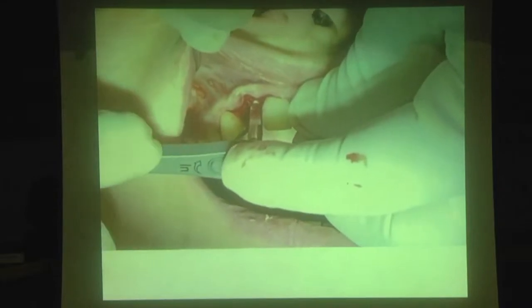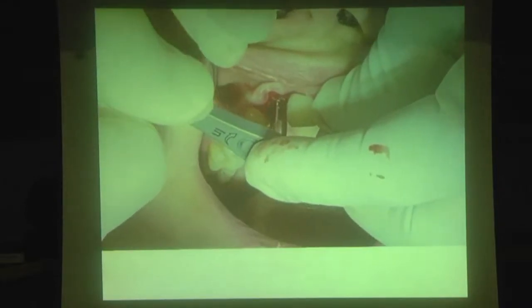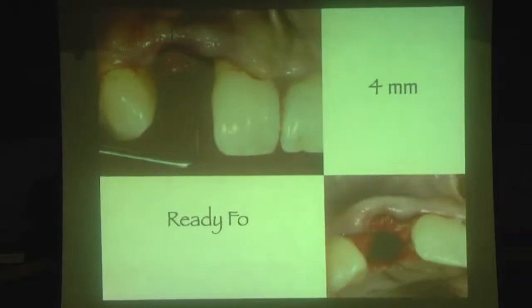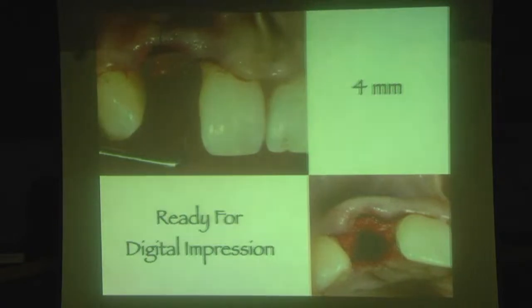Then I made the final moves with a hand ratchet, feeling the final torque, final torquing. And once it is placed in the extraction socket, around 4 millimeters subcrestally, which is a very scientific number to place the implant subcrestally, it is ready for the digital impression, which is very, very important.